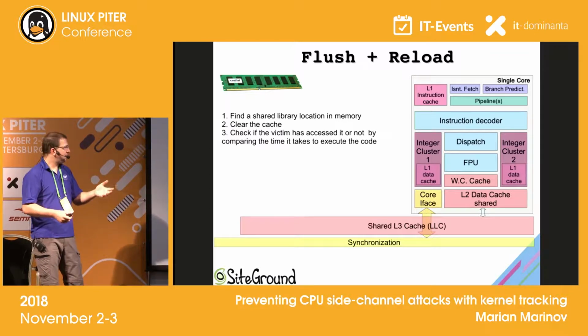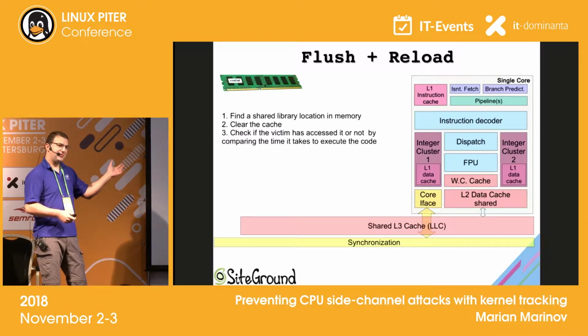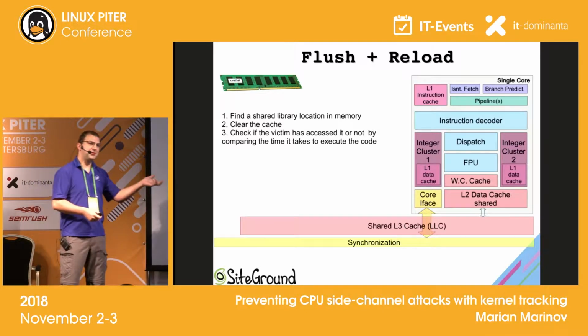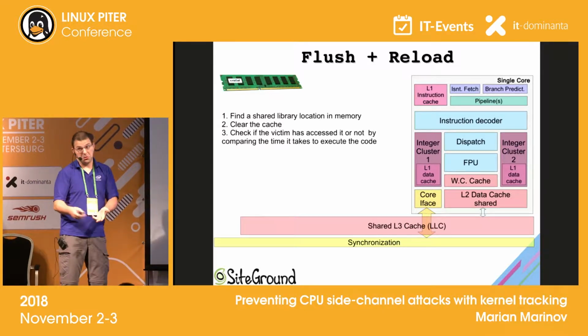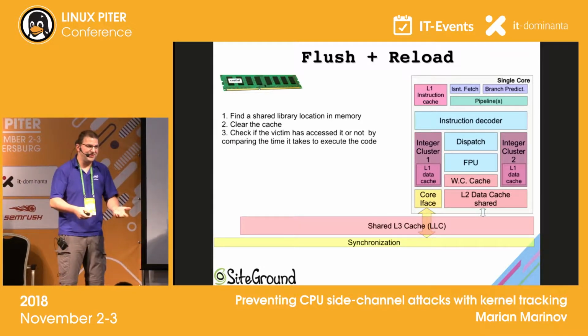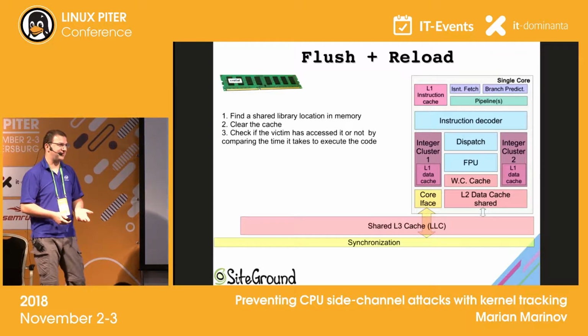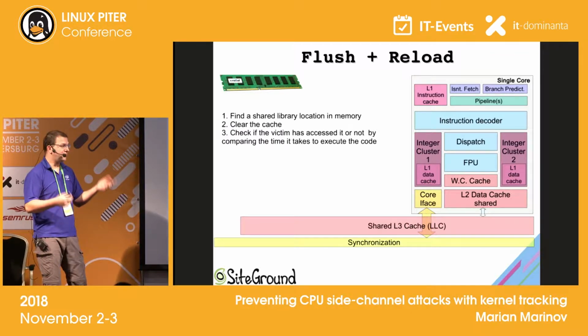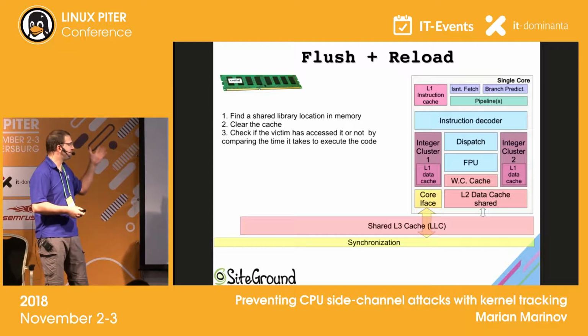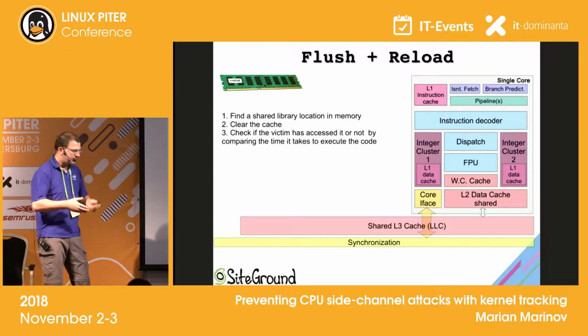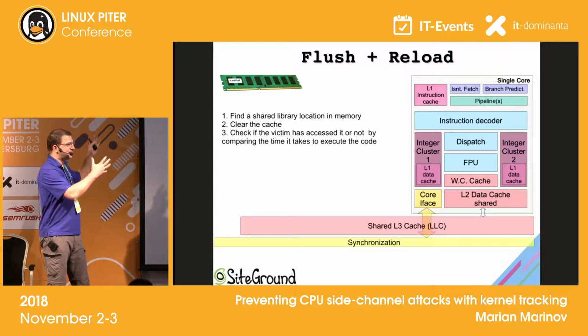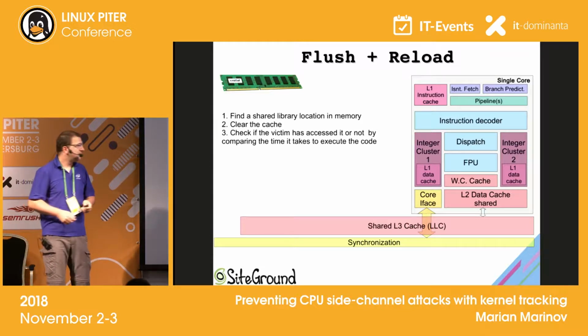So the idea here is that you would find a shared library that you share with another process, like OpenSSL or anything that is very common on your infrastructure, and use this shared library to attack the machine.